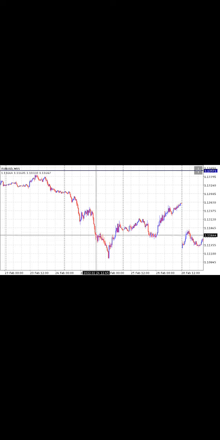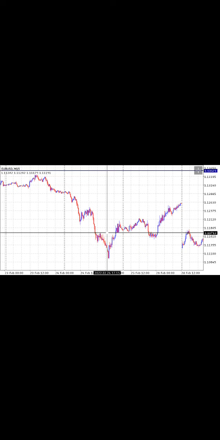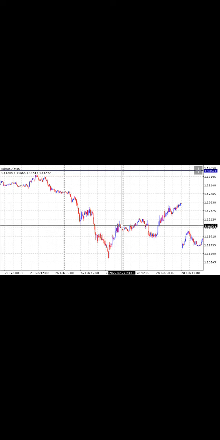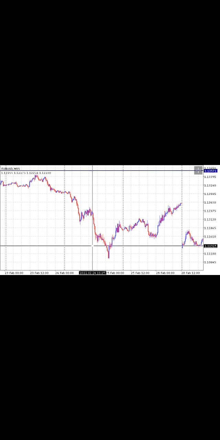This move down, from here to this place, is break of structure. This place is still another structure. This place is a high. So you can see the break of structure to the upside, breaking this structure here. I don't know if you are understanding what I'm saying.